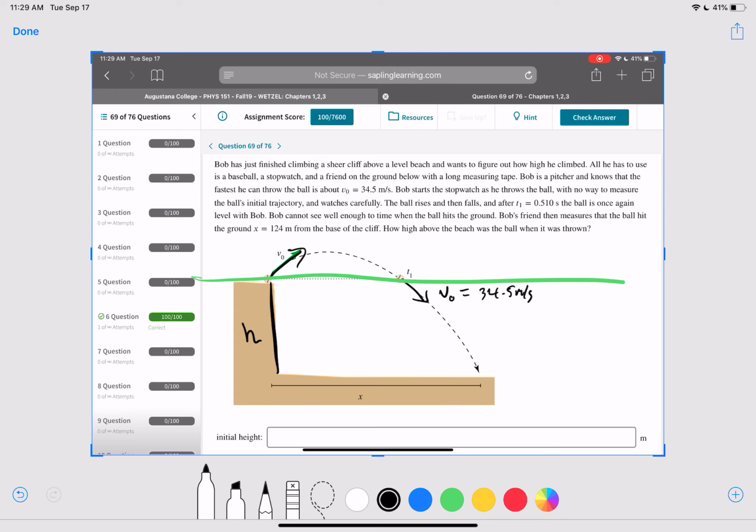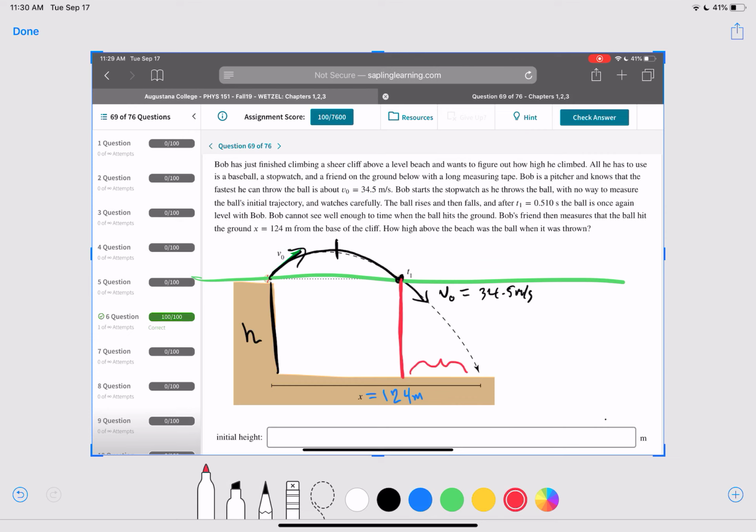Okay, so what we know is the time it takes to go from here to here. We know the initial velocity, so we can figure out the time it takes to go up here and there. But that's really not what we care about. The main thing we have to do, because we know x is equal to 124 meters here, is figure out this distance here.